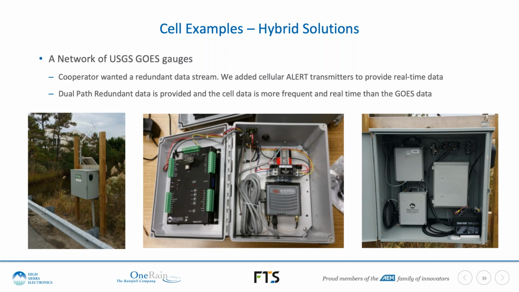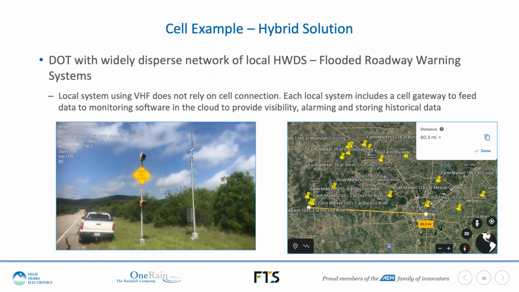The next one is another hybrid solution. You see on the map to the right, all these yellow dots actually represent at least 3 locations. This is in Texas.